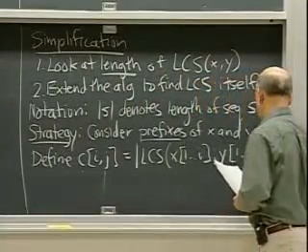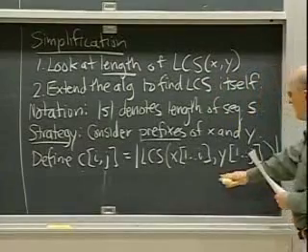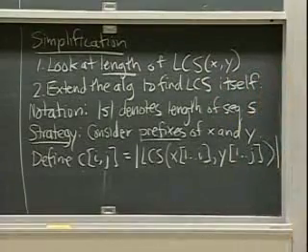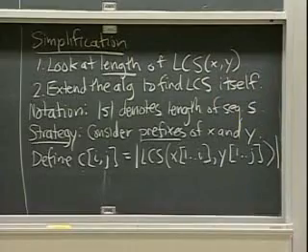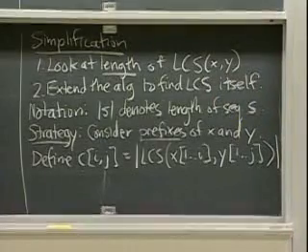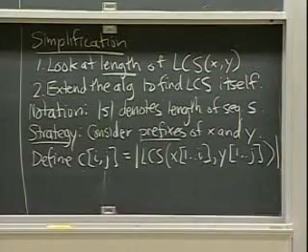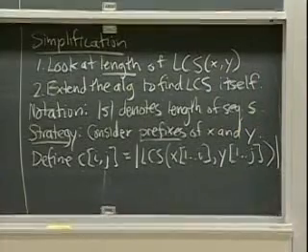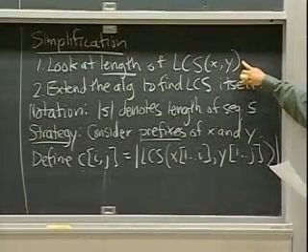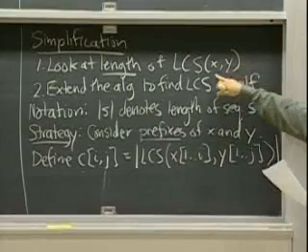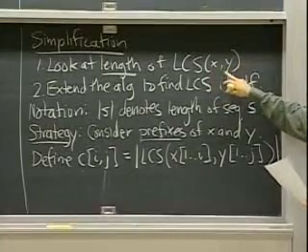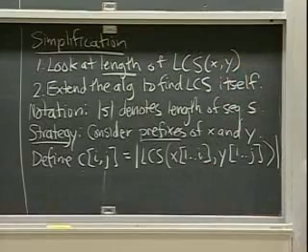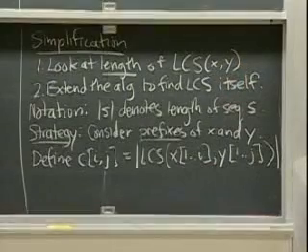And what we're going to do is calculate C[i,j] for all i,j. Okay? And if we do that, how then do we solve the problem of the longest common subsequence of x and y?